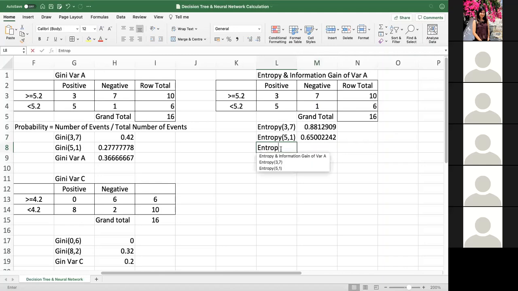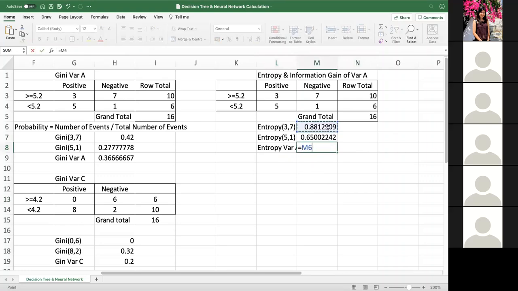Now we will calculate entropy of variable A. Again, weighted average is equal to 0.88 into 10 divided by 16 plus 0.65 into 6 divided by 16.